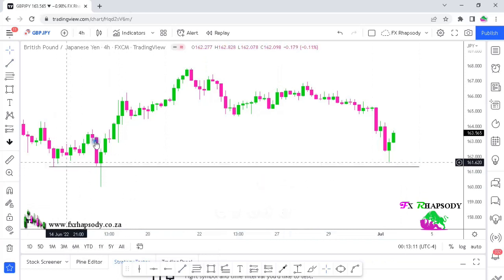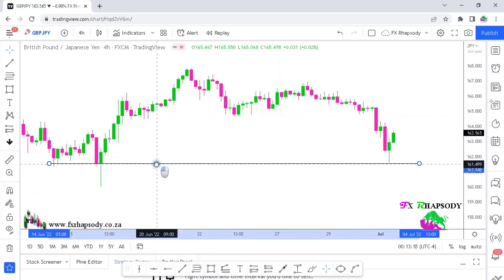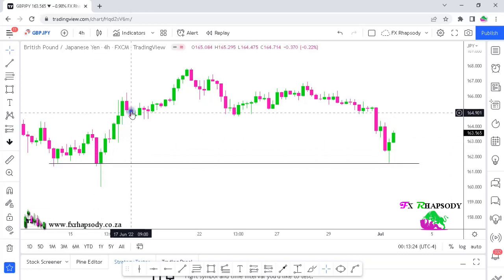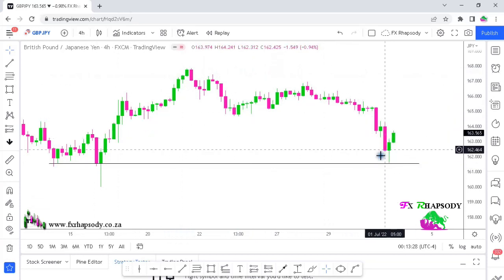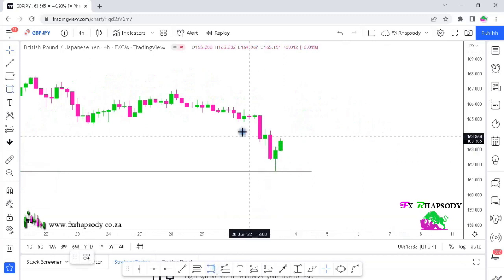Price came, tapping into that liquidity, creating that area in the market. Now if I move my line a little bit up, you can see that this is where the candles ended and started. As we can see, price came and tapped into that area and on that line again. We have got a little bit of a fair value gap that was created.